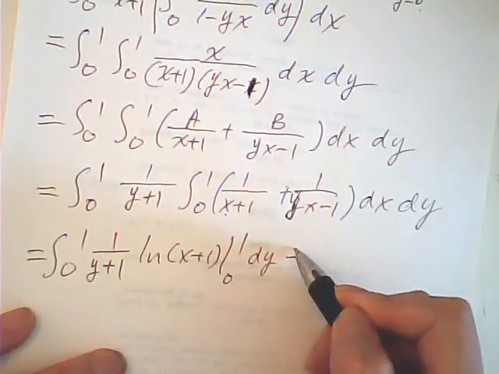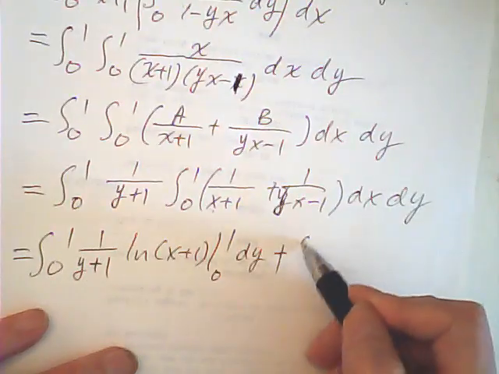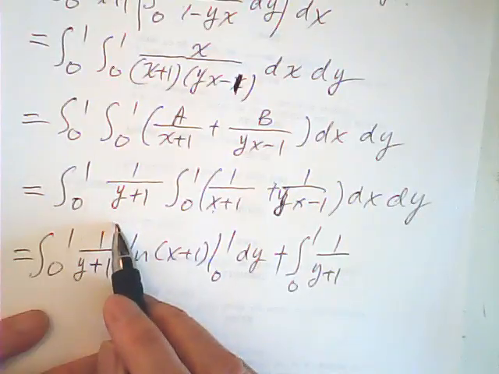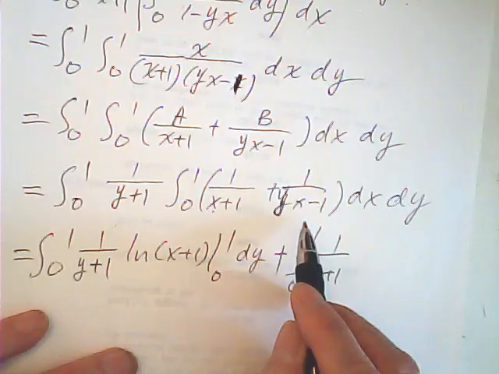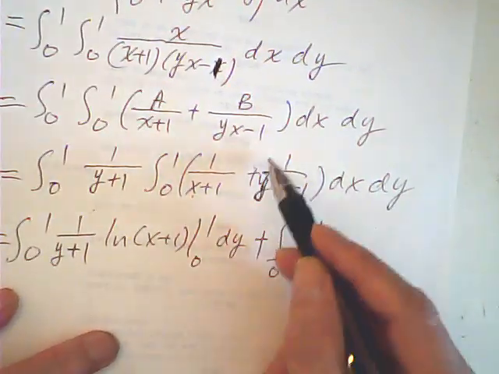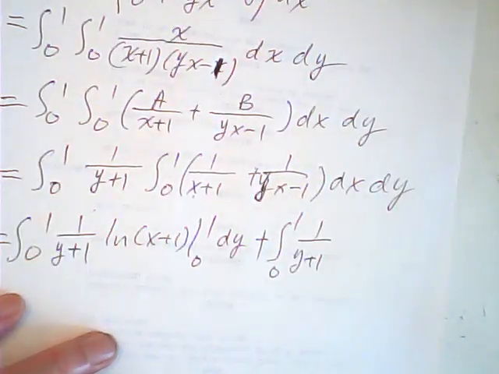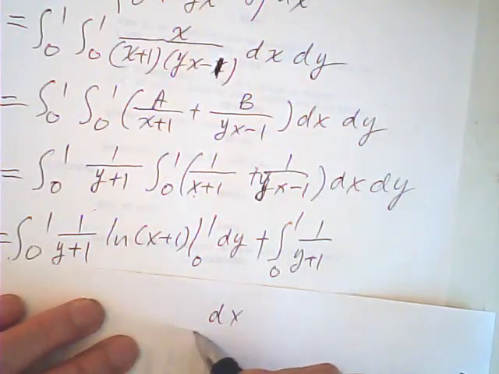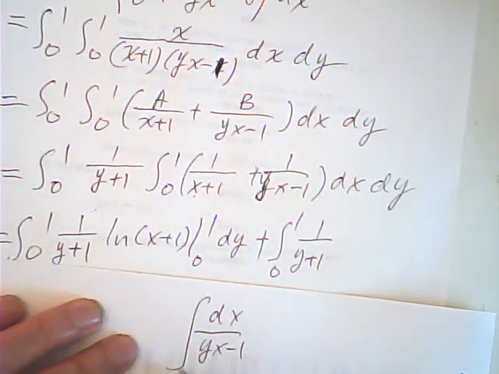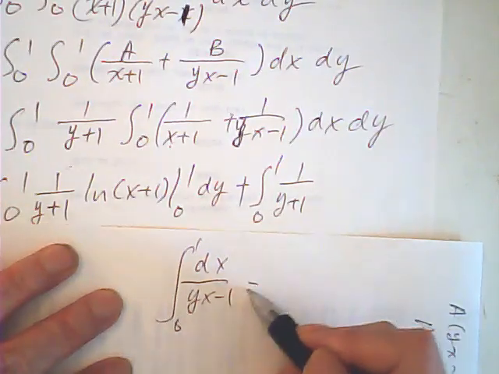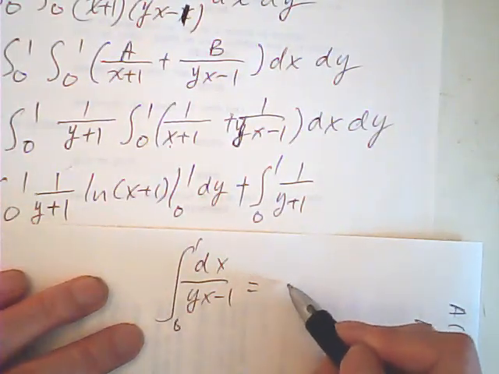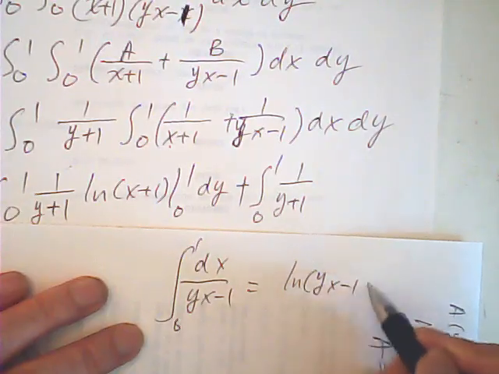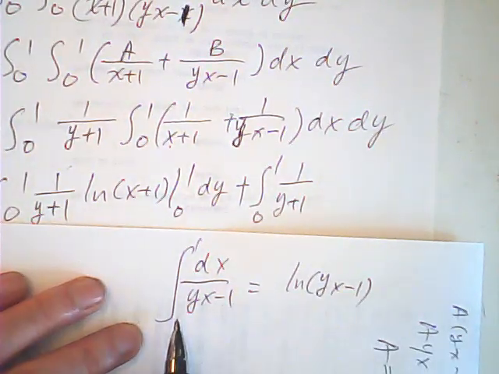Plus the integral of this one with respect to x. This integral, dx over yx minus 1, is equal to log of yx minus 1 times 1 over y, because y is a constant.